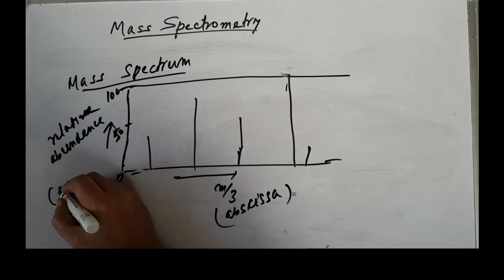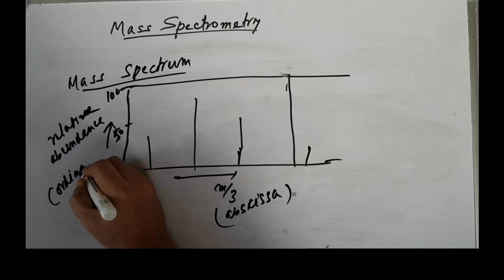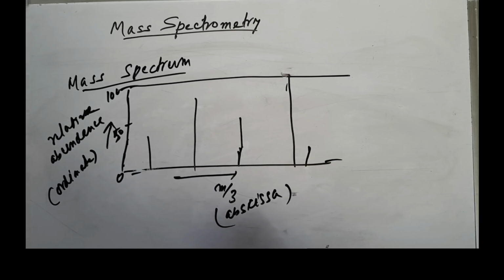Relative abundance means the percentage of the ion current, that is, how abundant the ions are.